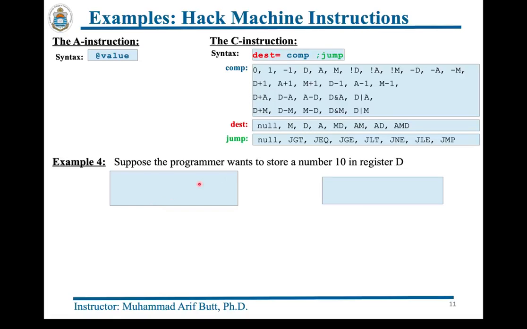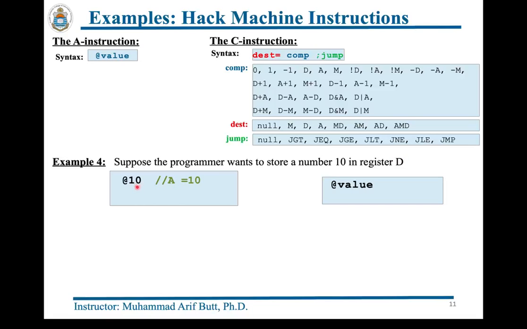Let's see another example. Suppose the programmer wants to store a number 10 in D register. So the destination is D register and the computation is 10. We don't have any computation which is a 10 that can be stored inside this D register. So this task cannot be performed in one instruction. So we have to use the A instruction first to set the stage for our subsequent C instruction. So the A instruction can be used to place a value 10 inside the A register.